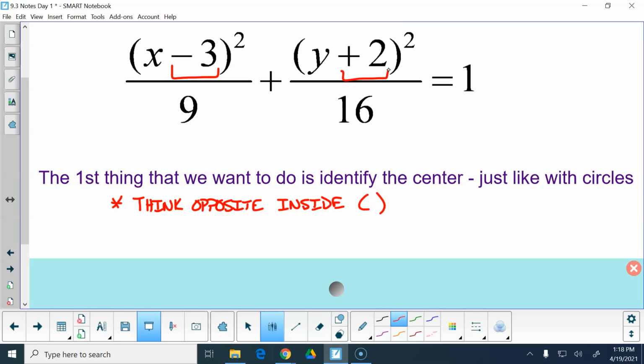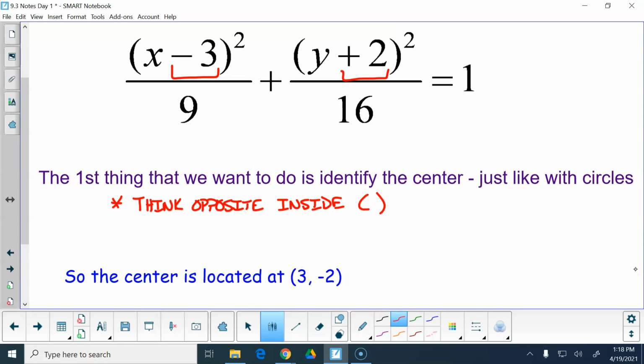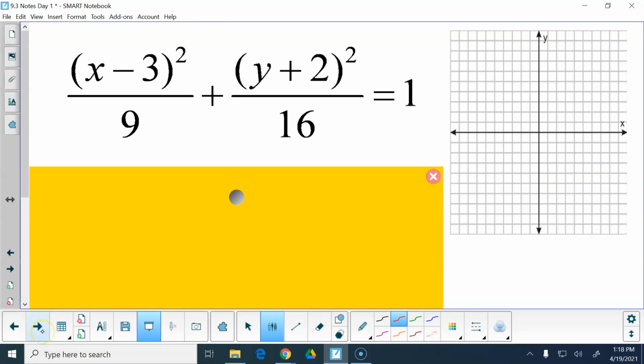Ms. Galligan? Do we agree with 3 comma negative 2? Okay. All right. This patent has given me the thumbs up, so I'm going to go with the fact that it is located at 3 comma negative 2. Okay. So what you would want to do then is on your graph, you would want to go to the point 3 comma negative 2, and you would want to put a C there for the center.